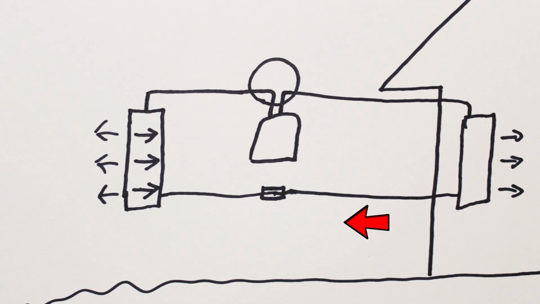Now it travels along, it goes back outside again, it goes through an expansion device, and after passing through the expansion device, it starts to become a low pressure, low temperature liquid, and it starts to enter again into the outside coil, and the whole cycle starts all over again.